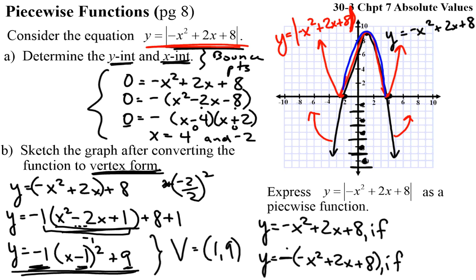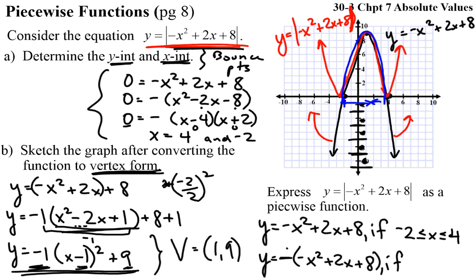We get the normal graph from negative 2 to 4. So from negative 2 to 4, we have the normal graph. How will we write that? We get the normal graph if, in this case, negative 2 is less than or equal to x, which is less than or equal to 4. There's where we get the normal graph.